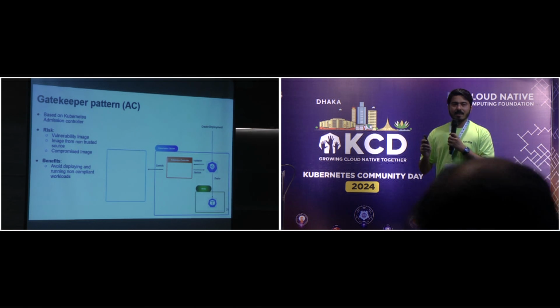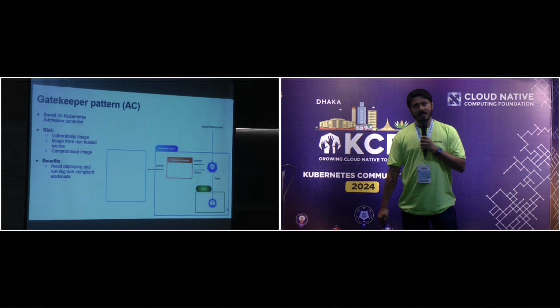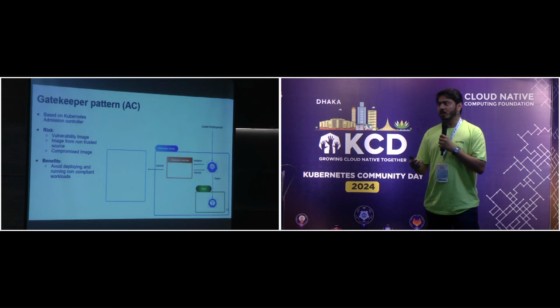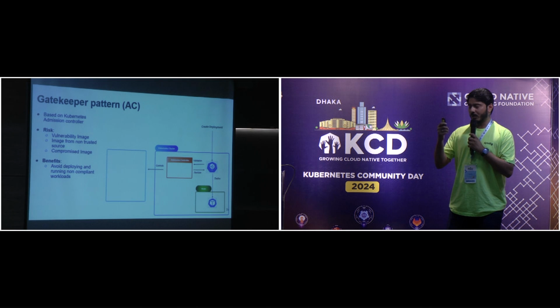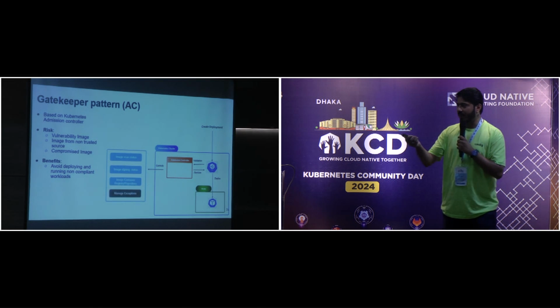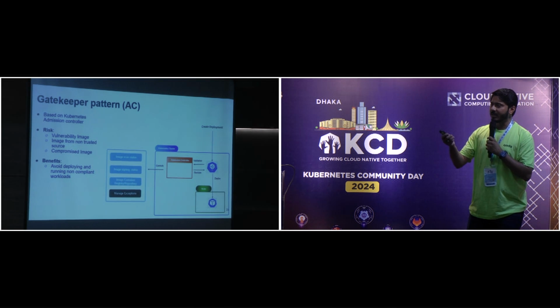Gatekeeper pattern is admission controller. AC stands for admission controller here. Very widely used, I would say, theory or technology. So it is based on Kubernetes admission controller. Now, what it does is that on the left-hand side, you see the 4 items which I have listed, like image scan status, image signing status, image container registry repository, manage exceptions.